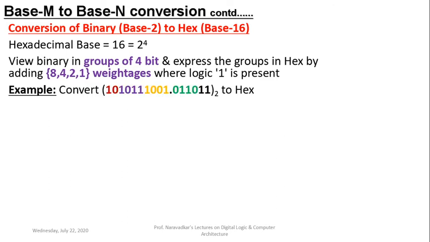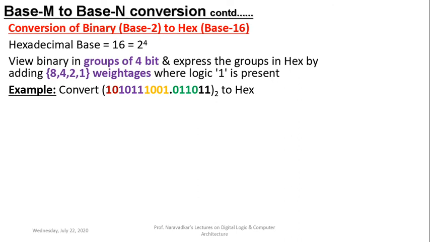And then there is an example, straightaway. Convert this given number, which is binary, into hexadecimal. You can observe that to the left side of the binary point, there is one complete group which is shown by yellow color. The second group to the left side is shown by violet color, which is a complete group.